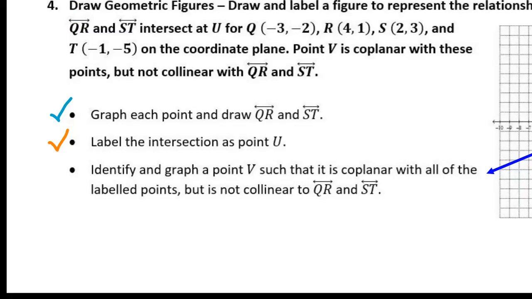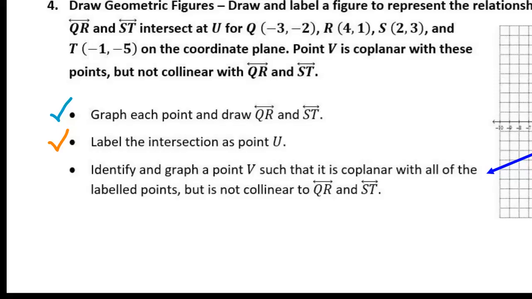All right, there's one more thing that they've asked me to do on this problem. It's this third bullet point down. And this one feels a little bit scary because they don't tell me exactly where to put point V. But that just means there's a lot of right answers here. It says graph, identify and graph a point V such that it is coplanar on the same flat surface with all of the labeled points, but is non-collinear to QR and ST. Well, this first part, making sure it's coplanar, that just means you have to draw it on the same piece of paper.